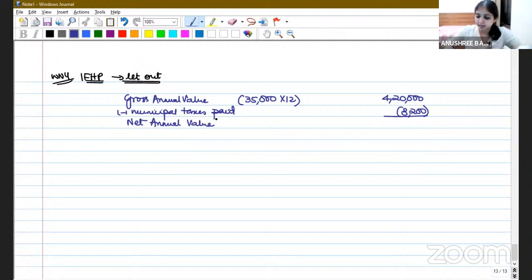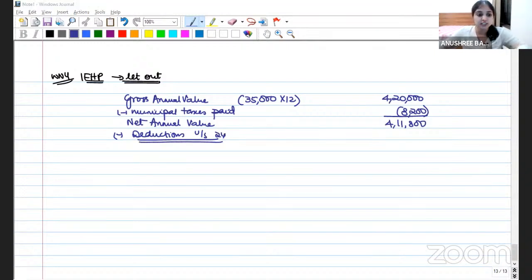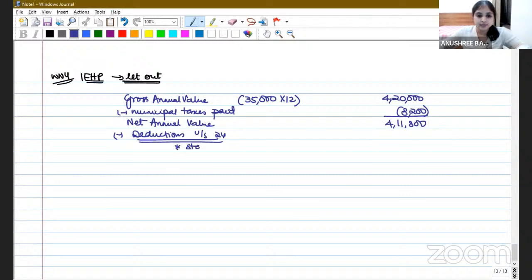Net annual value would be 4,11,800, right? From this, we subtract deductions under which section? Deductions under section 24, right? We have two deductions. Number one, we will have a standard deduction. Make sure you show the calculation.